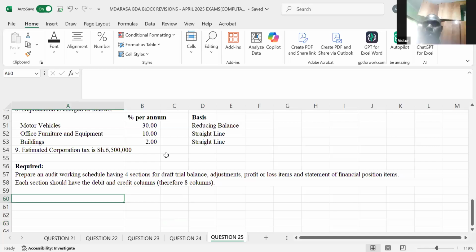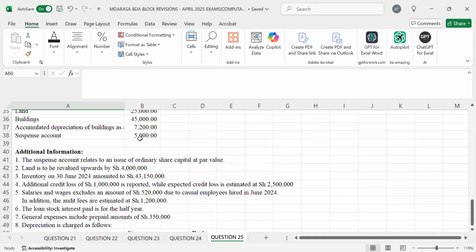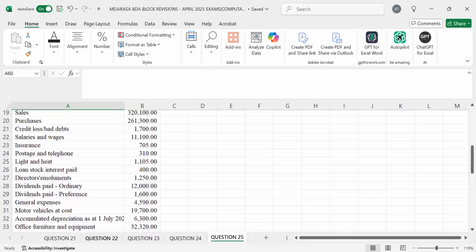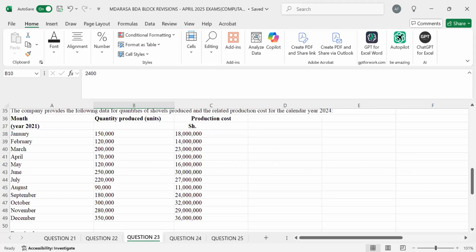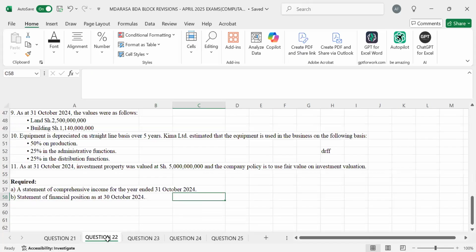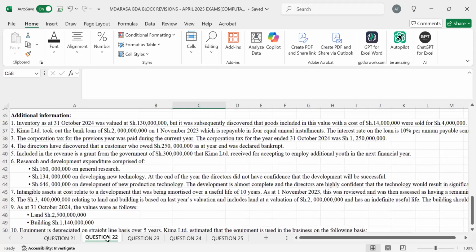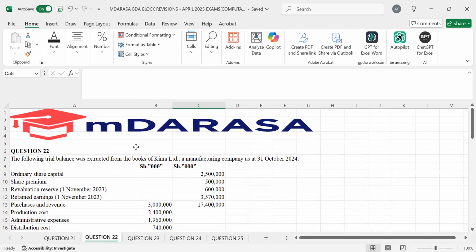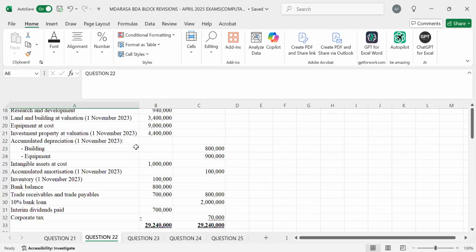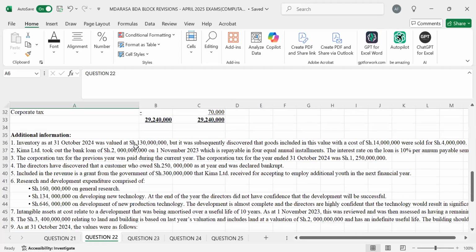So this part is what we're going to start with in our next session, the first segment, where we clear audit. Once we clear audit, I think it won't take us more than 30 minutes. Then we come and check the published accounts. I'll share a certain video for published accounts so that we go through it.